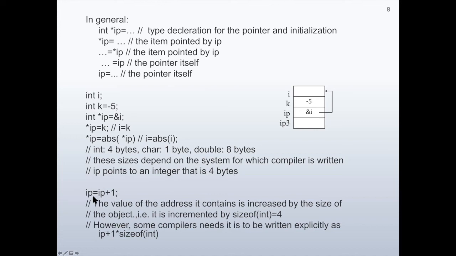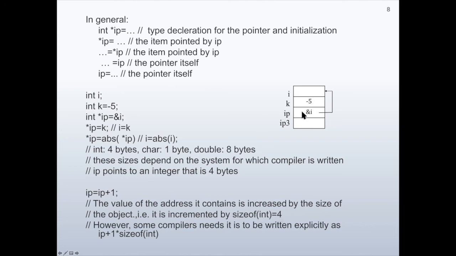If we write IP is assigned the value IP +1, the value of the address the pointer contains is increased by the size of the object. Because IP is a pointer to an integer, it is incremented by the size of an integer, which is equal to 4.